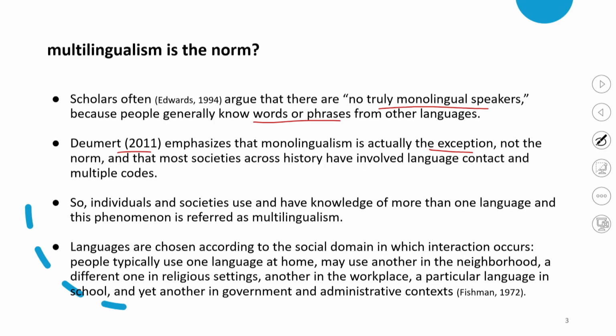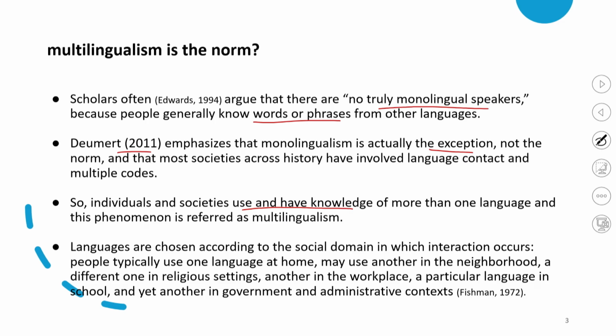So, individuals and societies use and have knowledge of more than one language, and this is the phenomenon called multilingualism. If it is two languages, we call it bilingualism, more than two we typically call it multilingualism. Trilingualism is also used when there are three languages involved and so on.